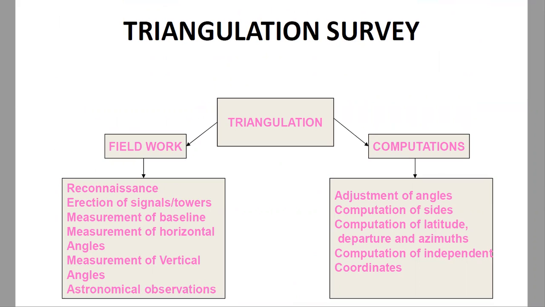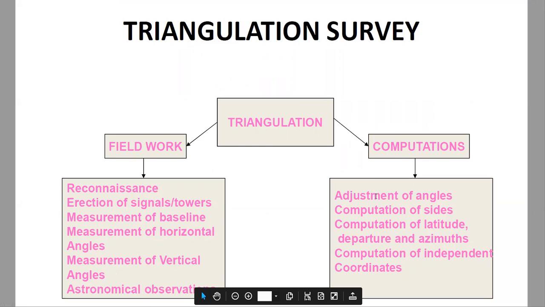Now what are the different steps that will follow during triangulation? First one is field work and second is computation. Means we'll take records in the field and then we'll analyze them in our office. Field work includes reconnaissance, erection of signal, measurement of baseline, measurement of horizontal angles, measurement of vertical angles, and also the last one is astronomical observation.